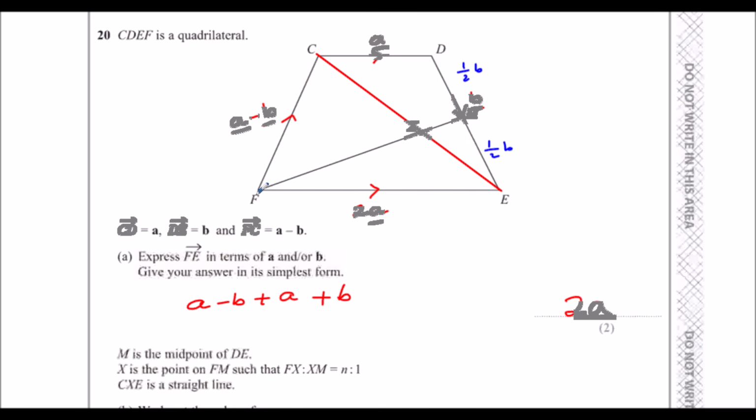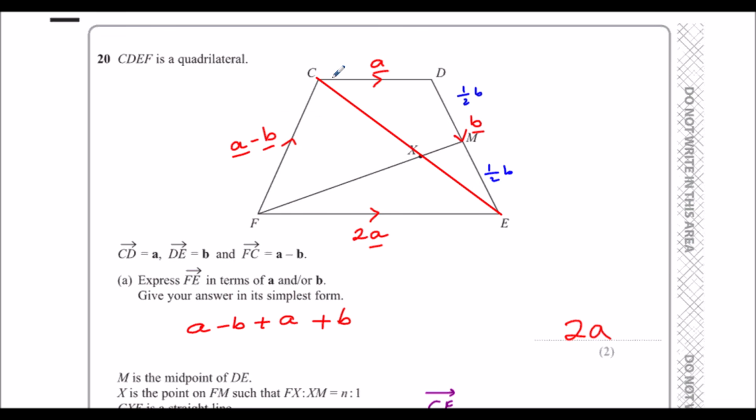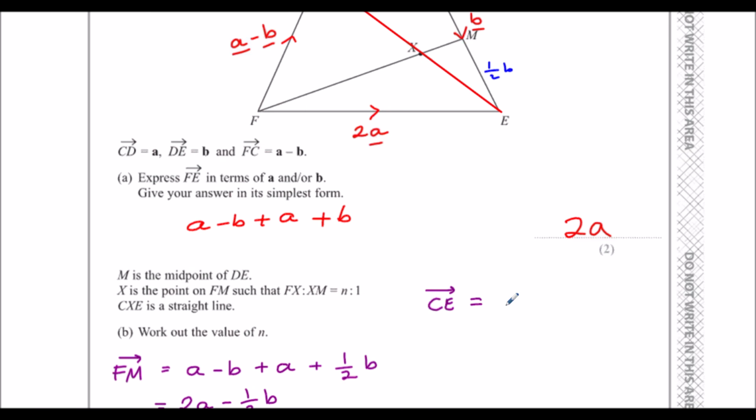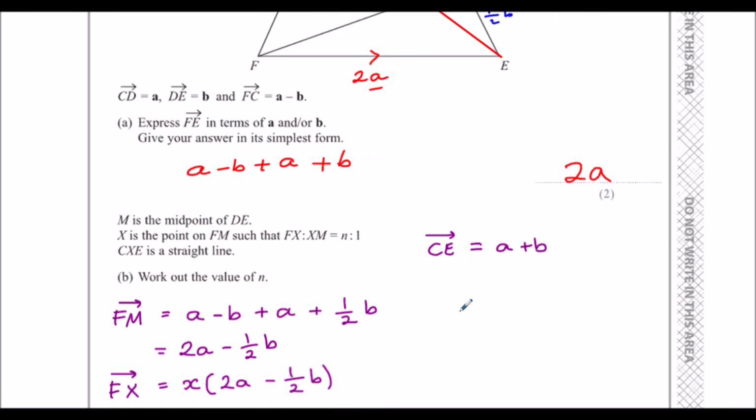I can also go up and down. So I'm going to work out c to e first. So I'm going to say c to e is a plus b. And then to get from f to x, I'm going to go up to c, so a minus b.